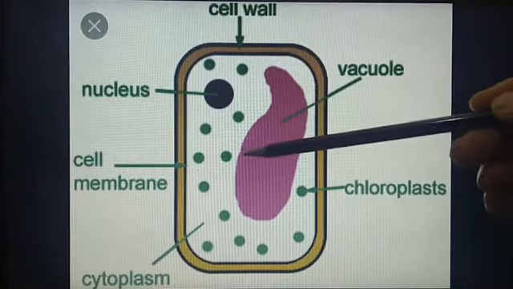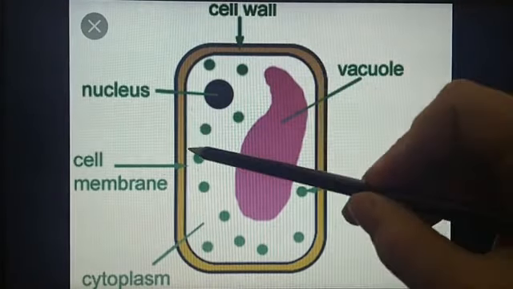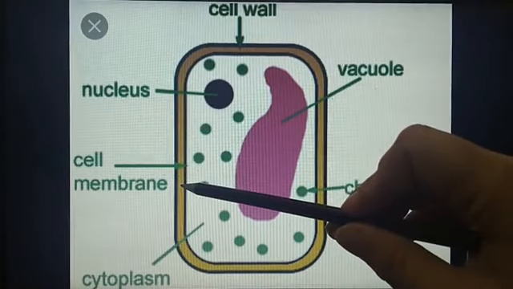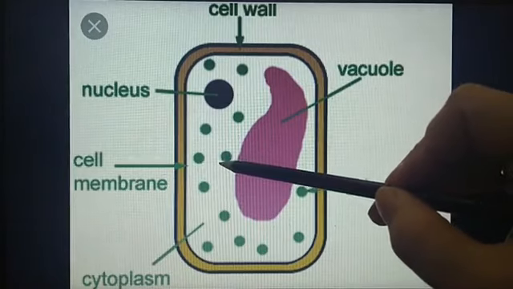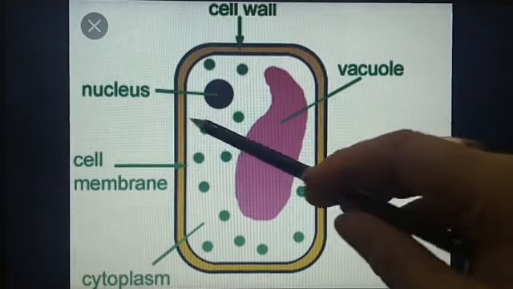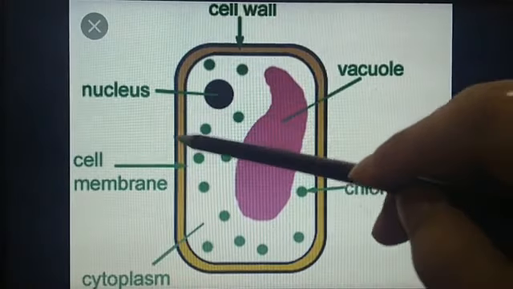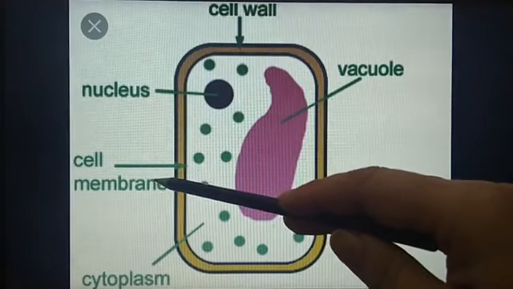So, the cell membrane has two functions. First, it is a barrier, keeping the constituents of the cell in and unwanted substances out. What the cell doesn't want, the cell membrane throws out.